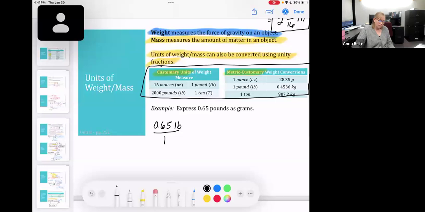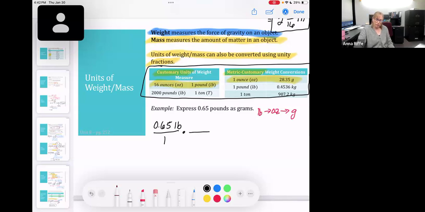We can find above that there is not a direct correlation between pounds and grams. So I need to find an intermediate unit. I do have a relation between pounds and ounces here, and then I have a relation between ounces and grams. So it looks like ounces could be our intermediate unit. So I could go from pounds to ounces to grams, and that'll work out just fine.